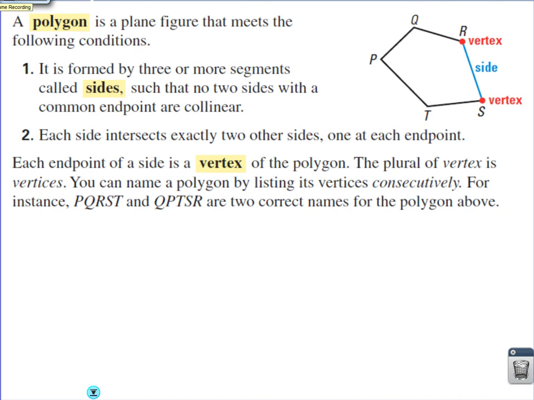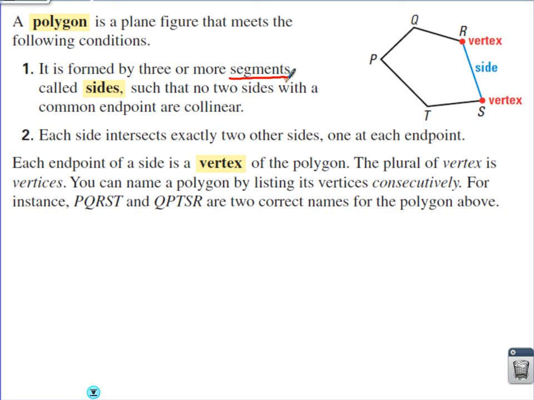Okay. So again, now we're talking about polygons. Triangles and quadrilaterals are polygons. A polygon is a plane figure that meets the following conditions, and you see one over here. It is formed by 3 or more segments called sides. Notice it says segments, line segments, not curves. No curves here. Such that no 2 sides with a common endpoint are collinear.